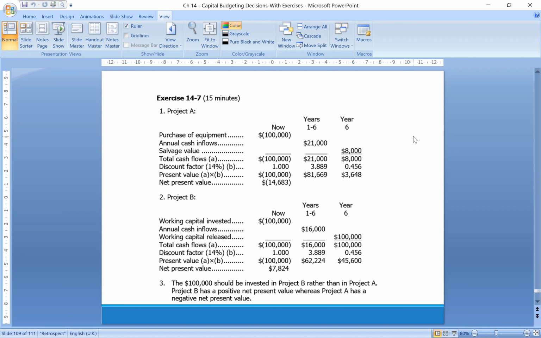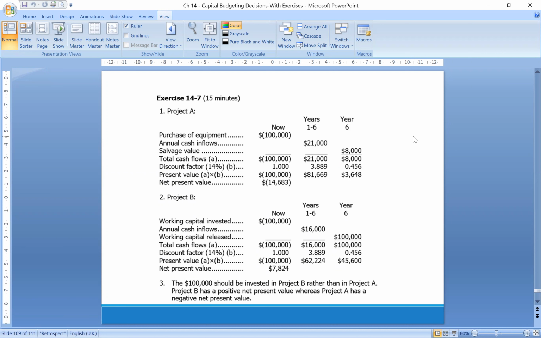And what else? We do have a salvage value in year 6 for 8,000. Factor from table 1. Table 1, why? Because I'm receiving it once.